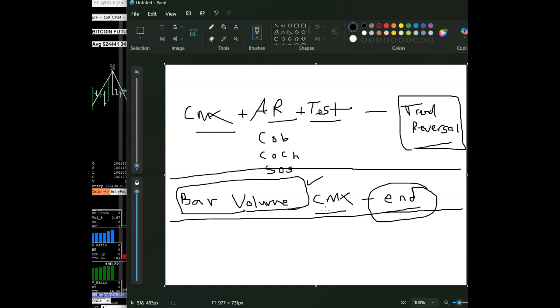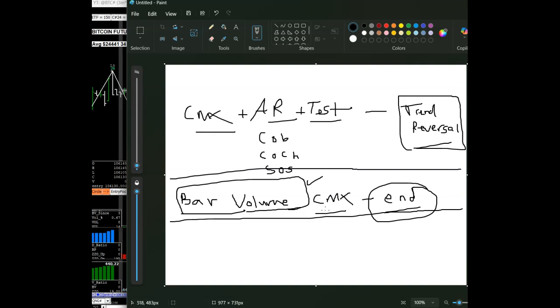It's good because you can see the strength of the demand and the strength of the supply, but it is a mistake to leave out bar volume. Bar volume is critical for the identification of stopping action. Like I showed you in this video, that's why you need bar volume, and it works even intraday.